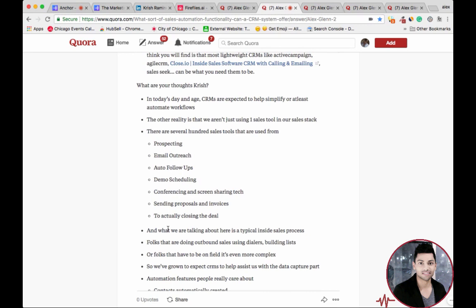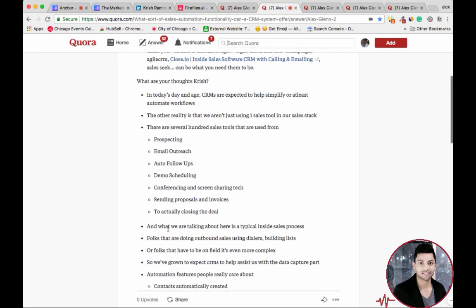And even when you get to that demo scheduling process, tools like Calendly or the HubSpot sales extension help you book meetings a lot faster than having to go back and forth and say, hey, are you free at this time? Are you free at that time? And then even when you're having a demo with the person, you're using tools like Zoom or WebEx for conferencing and then screen sharing.